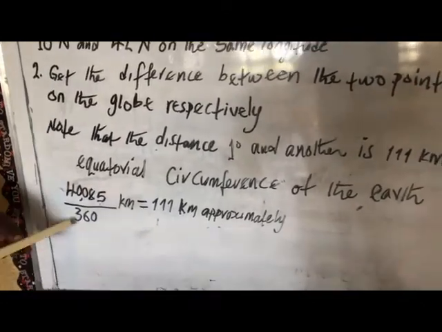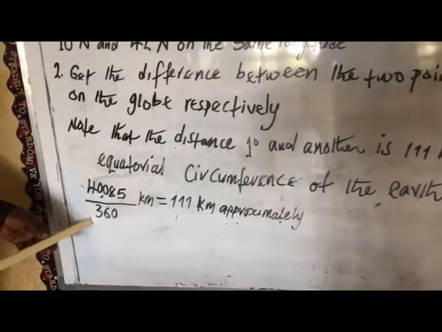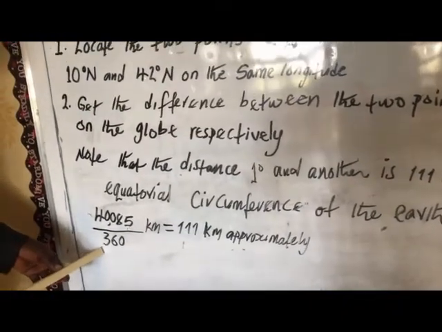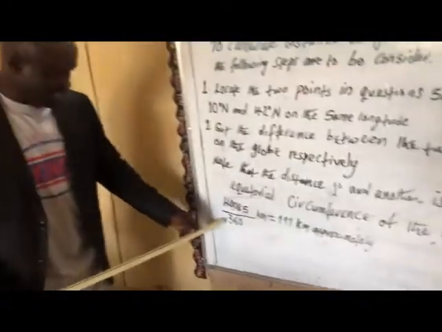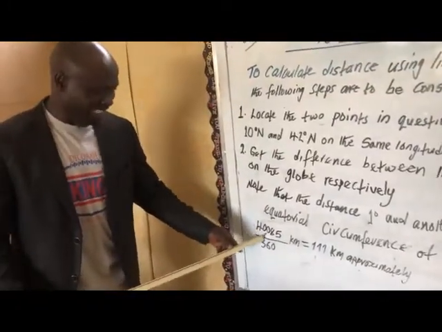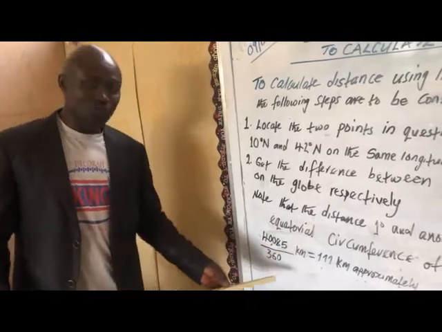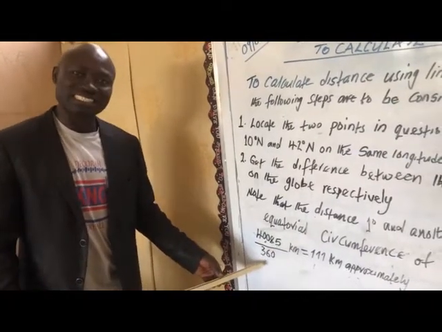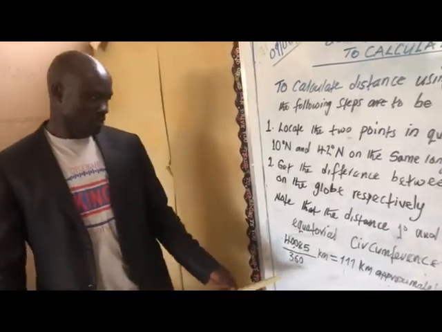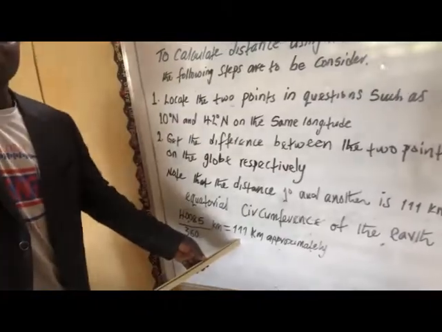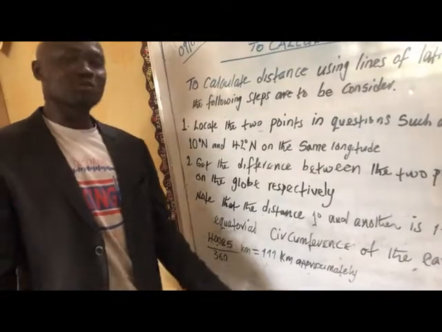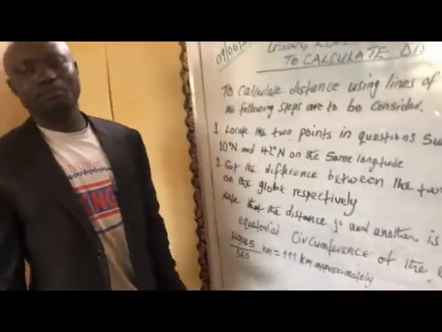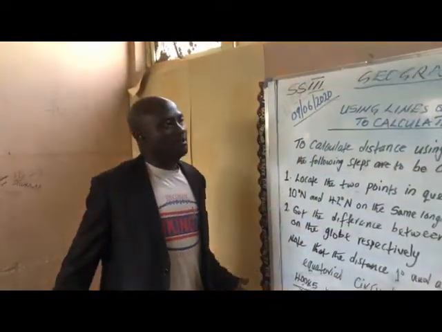Now, this is to be divided by the total degrees of the circumference, which is 360 degrees. If we divide this 485 kilometers by 360 degrees, we are going to arrive at 111 kilometers approximately.